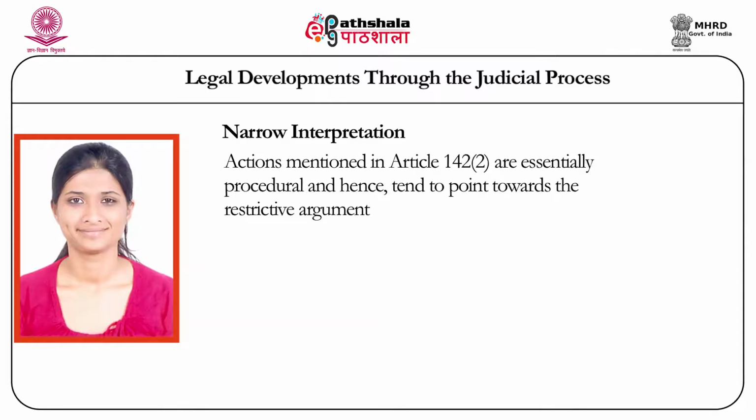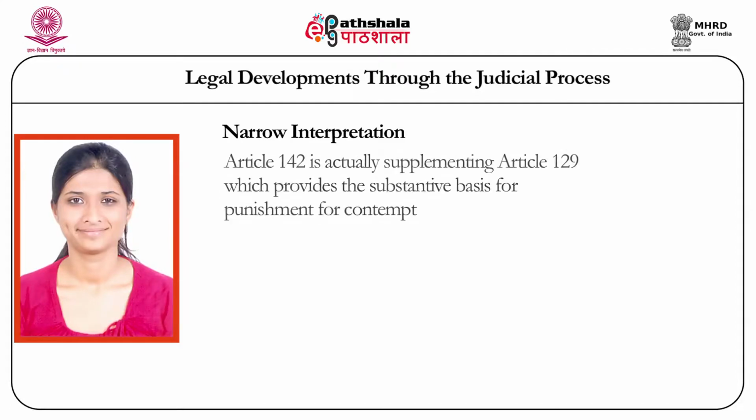While the third power, relating to investigation and punishment for contempt, appears to have substantive elements, proponents of the narrow interpretation argue that Article 142 is actually supplementing Article 129 of the Constitution, which provides the substantive basis for punishment of contempt.